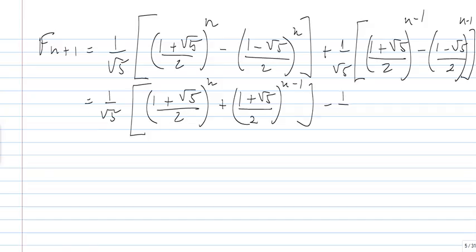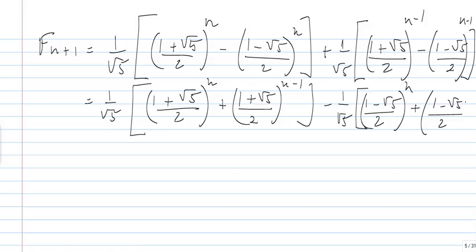minus 1 over square root of 5 times (1 minus square root of 5 over 2) to the power n plus (1 minus square root of 5 over 2) to the power n minus 1.